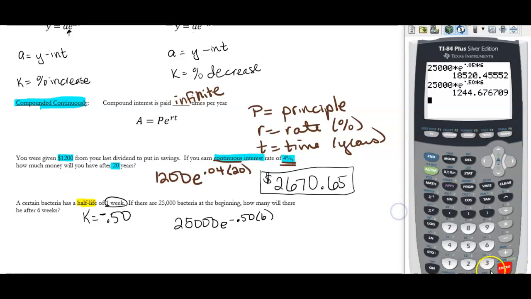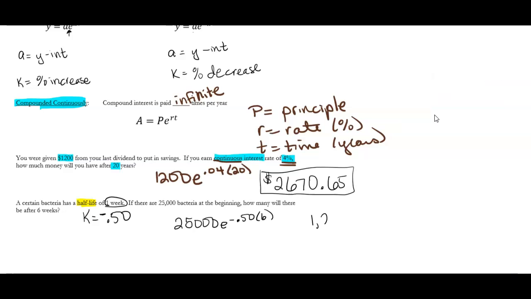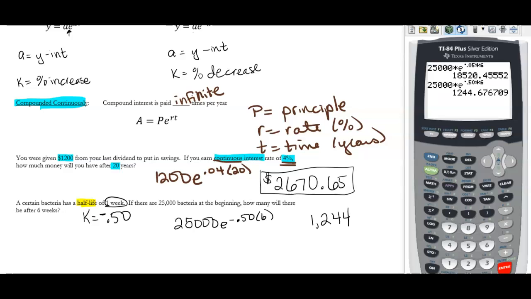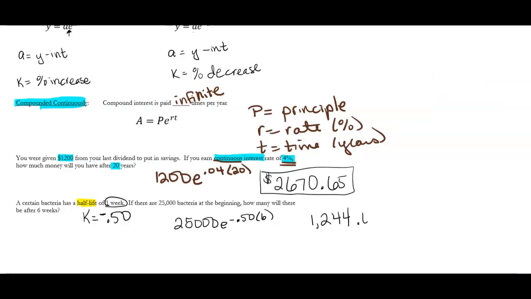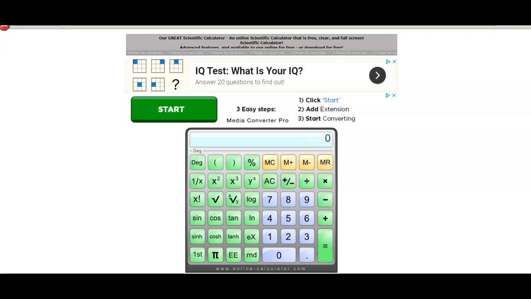Now let's hit. That makes more sense because every week it gets half and then half and then half and then half. And so after 6 weeks, we have 1,244.68. Okay, so to use this scientific calculator, remember we have to find what the exponent is first.